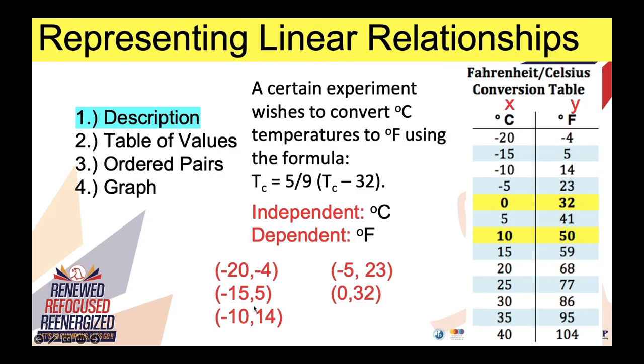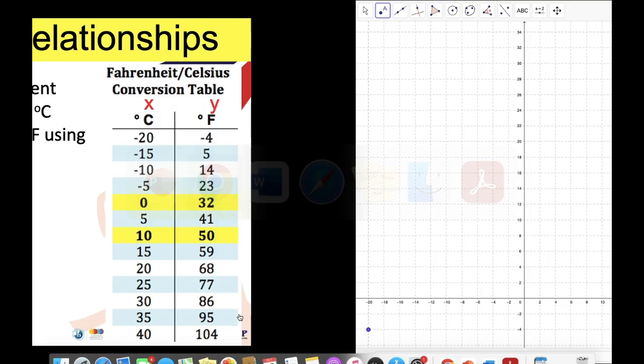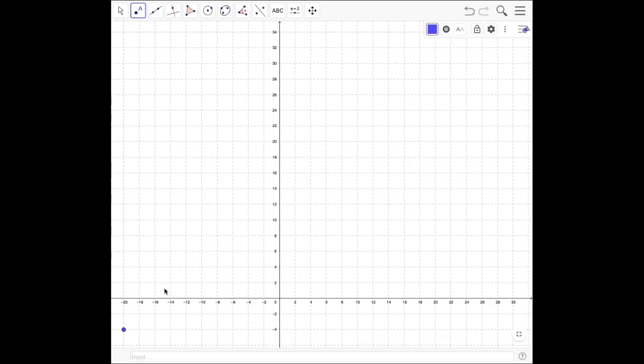Wait, let me just check. Negative 15 and positive 5 rather. Negative 15 here, that's my x, 2, 4, this is 6, so 5 must be somewhere in between. This is what I'm telling you. You have to choose an interval at which it won't be difficult for you to plot.